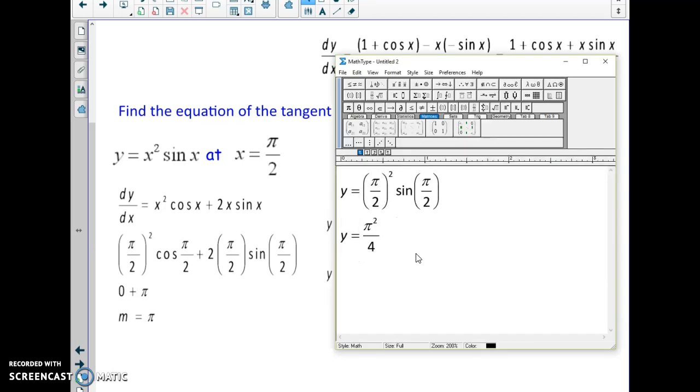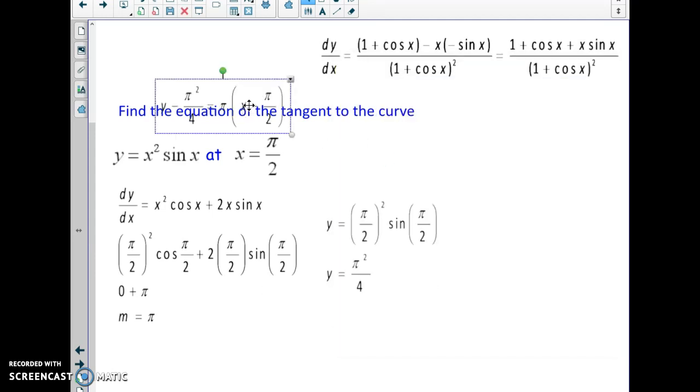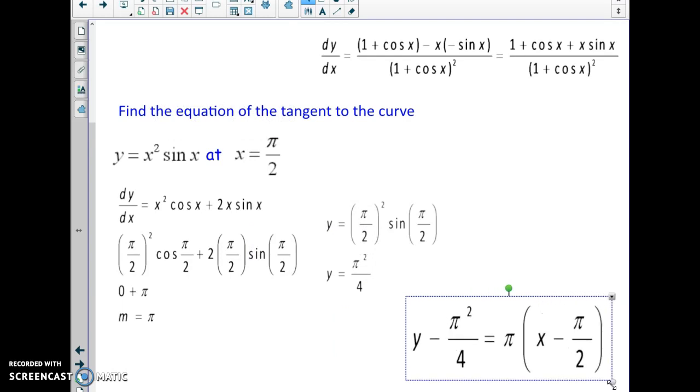So it becomes y minus pi squared over 4 equals, my slope is pi, times x minus pi over 2, that value right there. This is definitely a problem that you would not really want to simplify any farther. There's really no need.